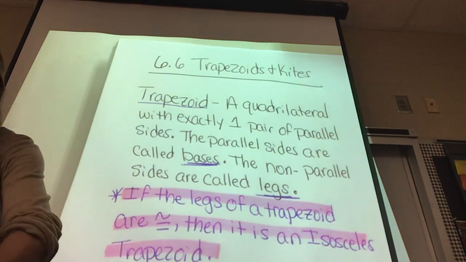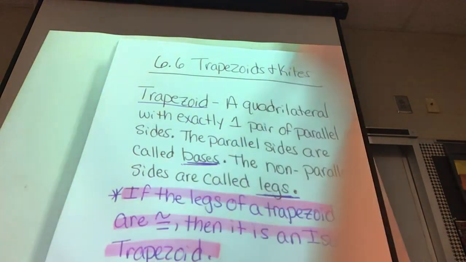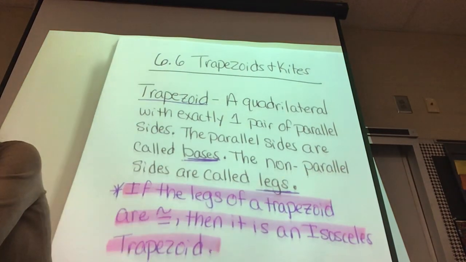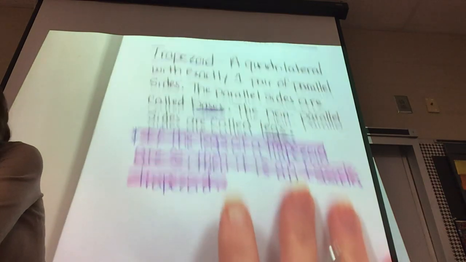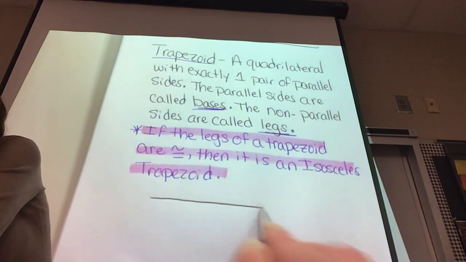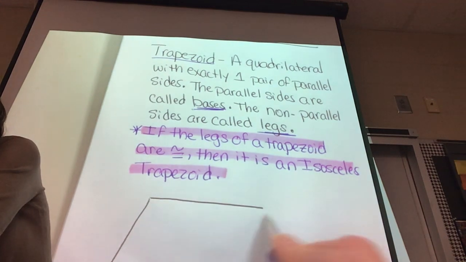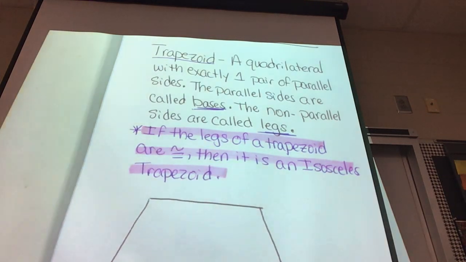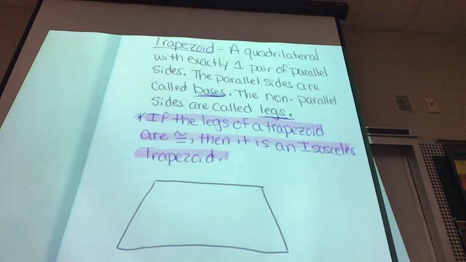And let's look at our trapezoid. Okay, so your trapezoid looks something like this.